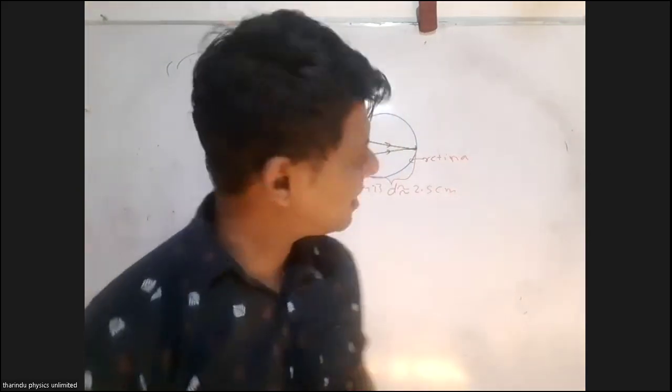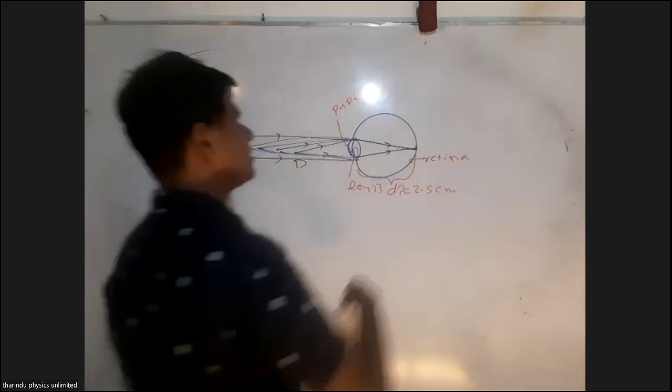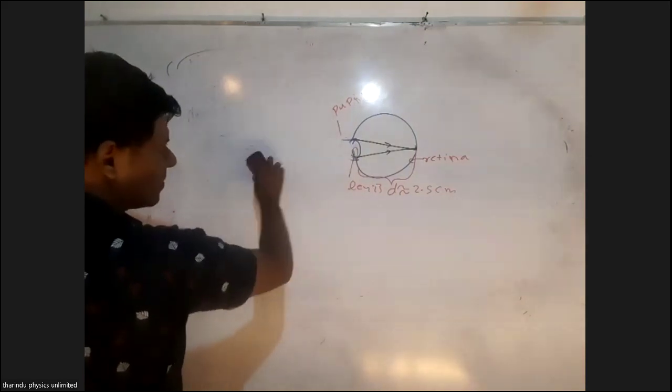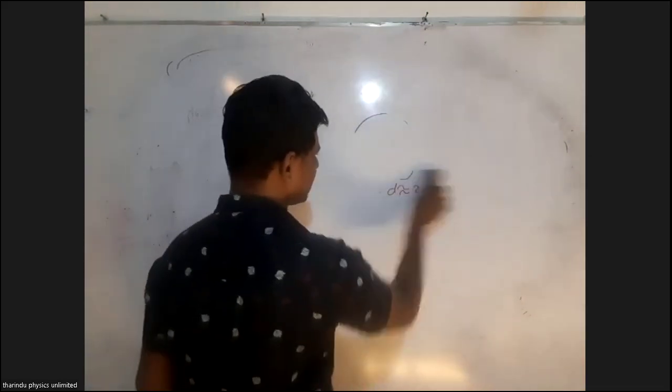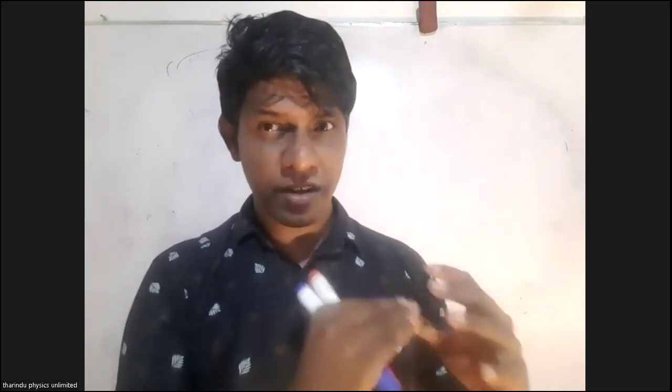If it is not healthy, there are two basic types of visionary defects in the human eye. What are those defects?